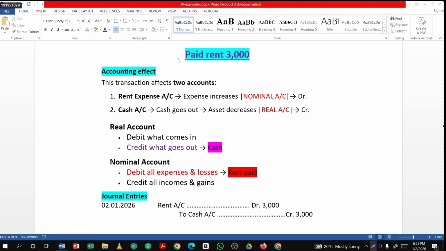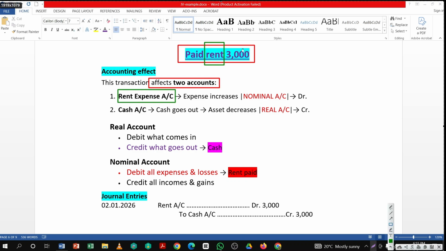This transaction is paid rent taka 3,000. Here two accounts are affected. One is rent, that is rent expense, and another is cash account 3,000.